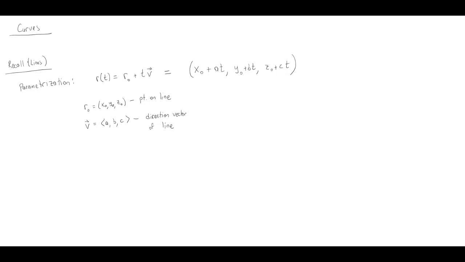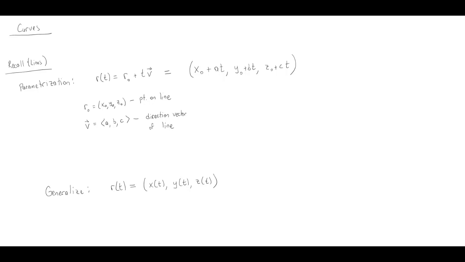So if we generalize this, let's suppose we have some function r of t, which will give us three functions for the x, y, and z components. Not necessarily of this specific form, but x of t could be t squared, and things like that.